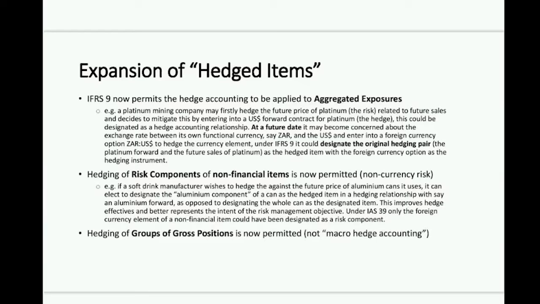Under IAS 39, you would not be permitted to do that. You could not include in the hedged item a hedging instrument. But IFRS 9 allows us to include this pair, which includes a hedging instrument from the initial hedge, as the hedged item.